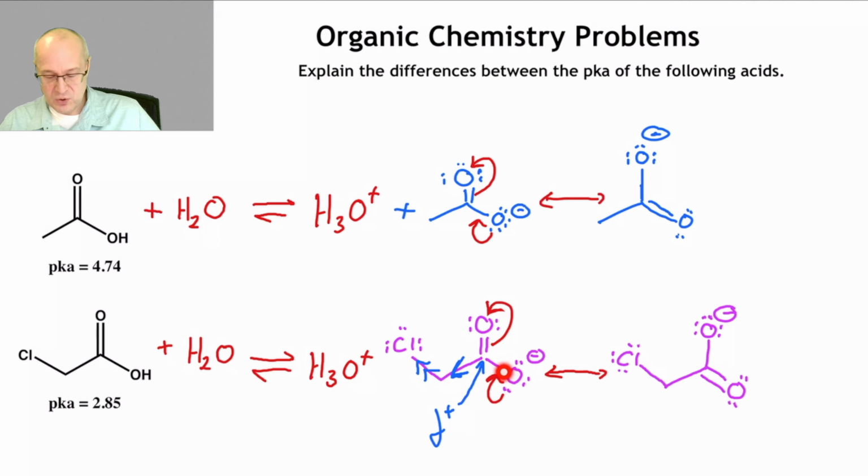This oxygen is losing some electron density this way because of the inductive effect of this chlorine pulling electrons towards itself, making this carbon more delta positive than normal. This would be normal.